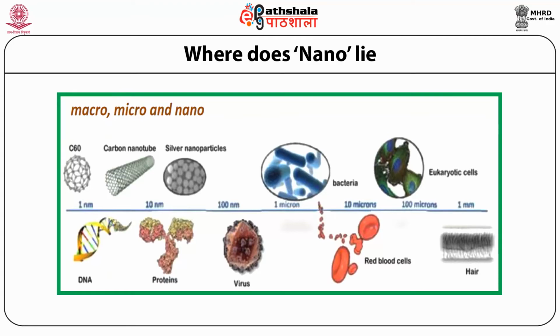The diameter of human hair is 80,000 nanometer. The size of a DNA molecule is 1 to 2 nanometers. A pinhead is around 1 million nanometer across. The transistor of a Pentium Core Duo processor is 45 nanometers.